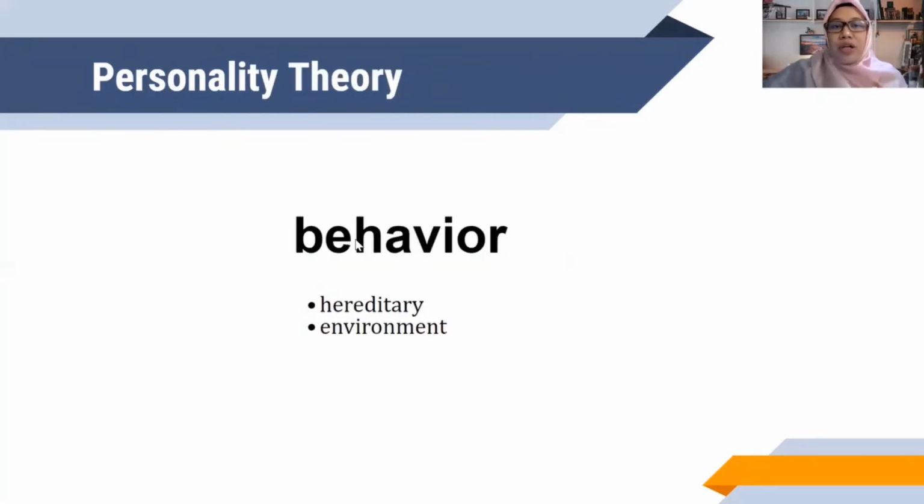But still we need to understand some personality theories that have a very close contribution to personality assessment.